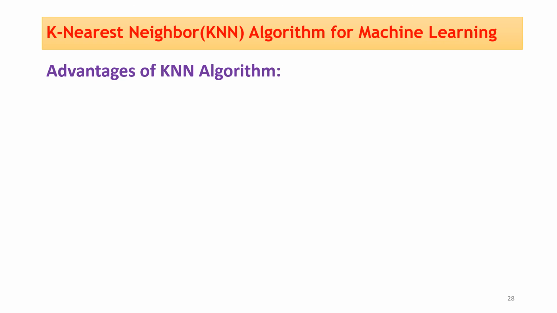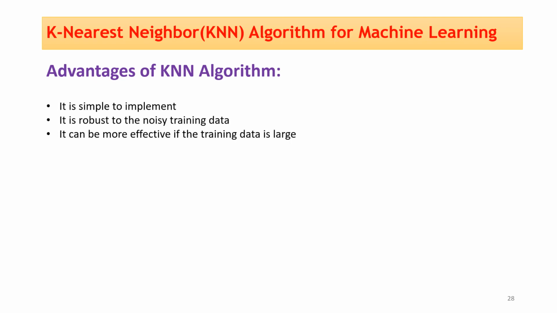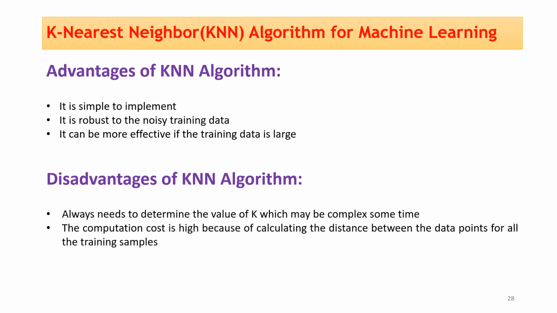Now, what are the different advantages of the KNN algorithm? First, it is simple to implement. Second, it is robust to noisy training data, and it can be more effective if the training data is large. And what are the different disadvantages of the KNN algorithm?